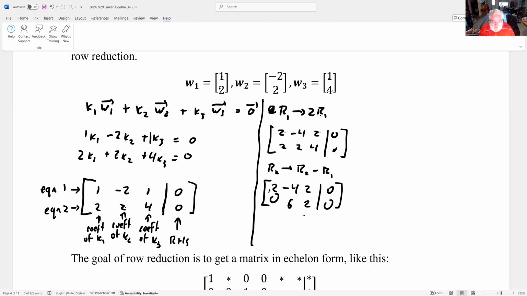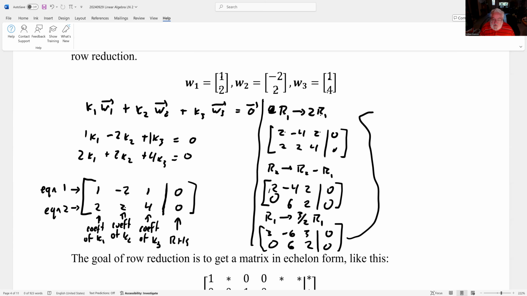What I can do now is take row 1 and multiply it by 3/2. That will give me 3, minus 6, 3, 0. We're not doing anything to row 2, so we leave that as it is. Finally, we can take row 1 and replace it by row 1 plus row 2.